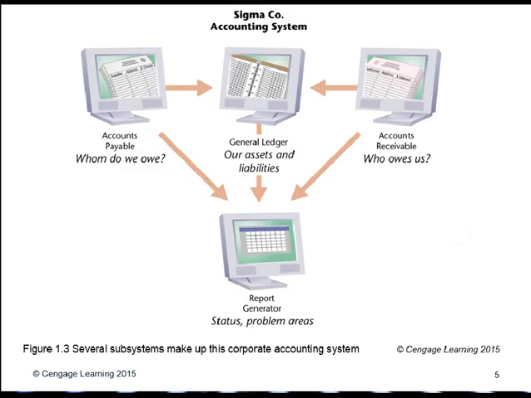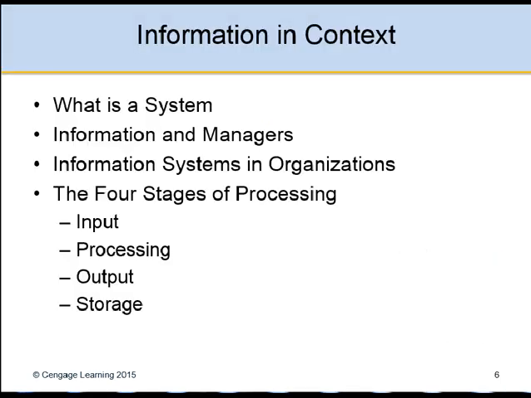And here we see an example of several subsystems in a financial system or an accounting system. We have accounts payable, accounts receivable, and general ledger subsystems of our overall accounting system. A closed system has no connections with other systems.